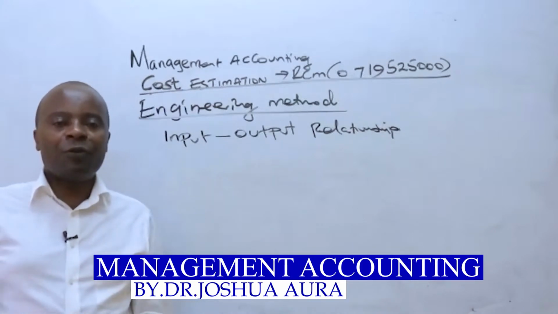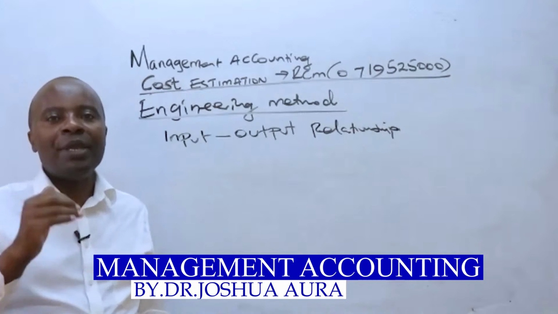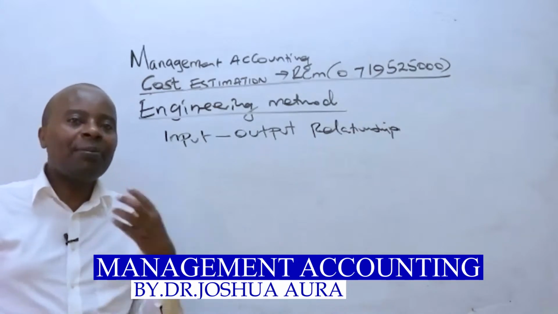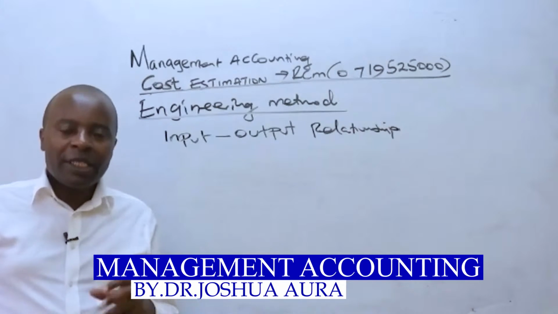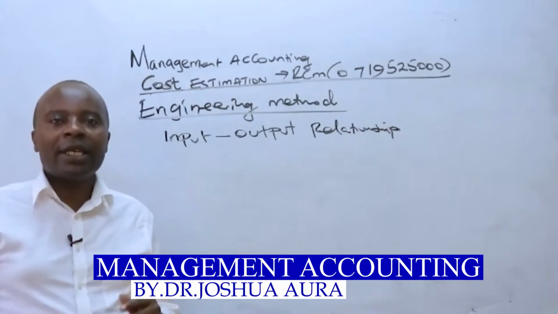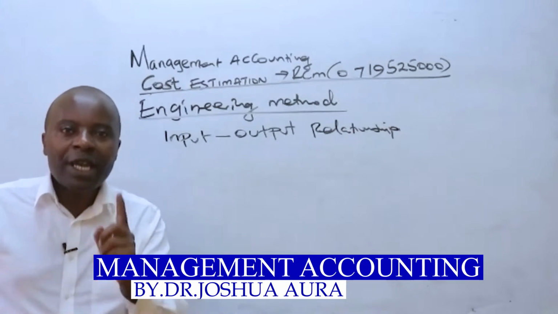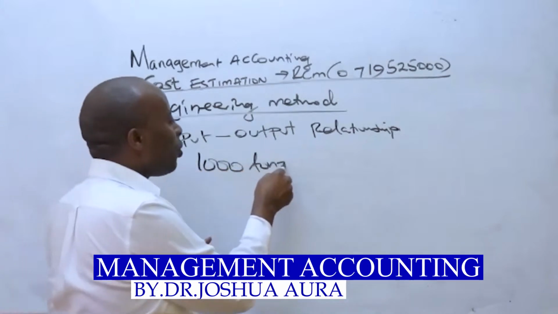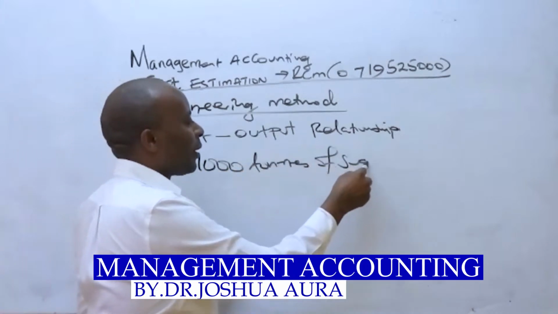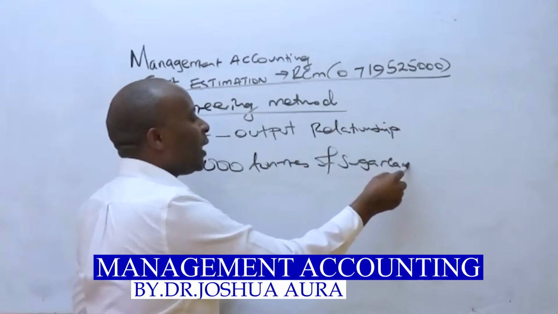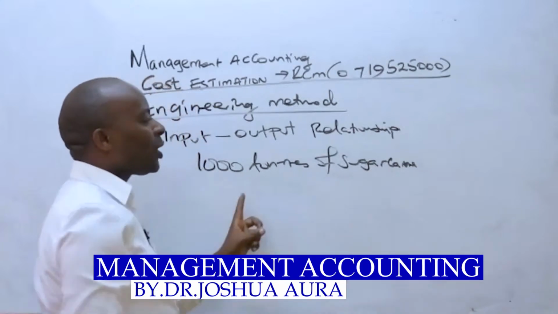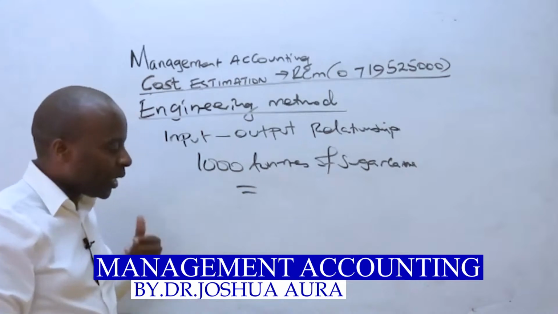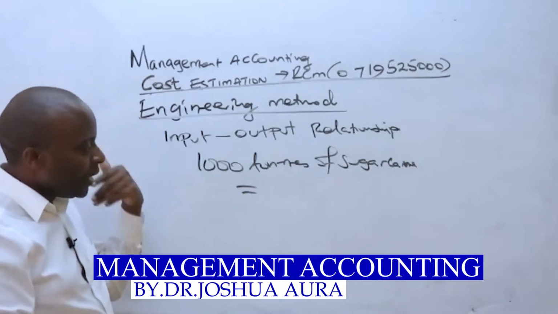Such that if, for example, you're looking at a company like Mumias Sugar, even from their daily productions, they must be quite aware that if they are going to put in their system 1,000 tons of sugarcane, they must know, even if they have not been keeping records over those many years.